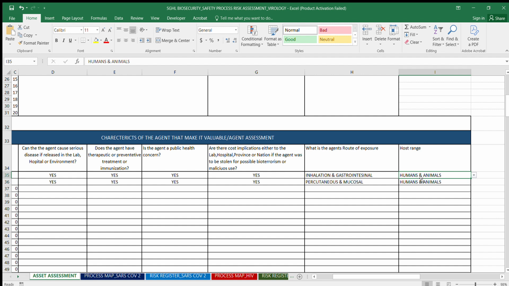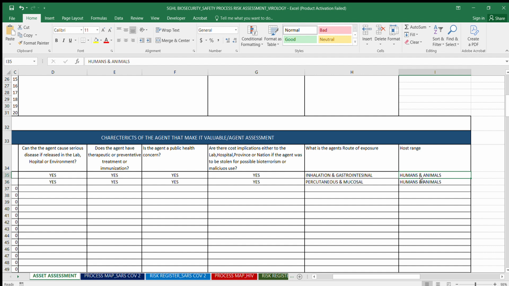If it can, it means that if I'm a terrorist, I may want this type of agent, because if it has multiple host ranges, I can just infect maybe cattle or a dog, and then people can still get infected by coming into contact with this particular host.